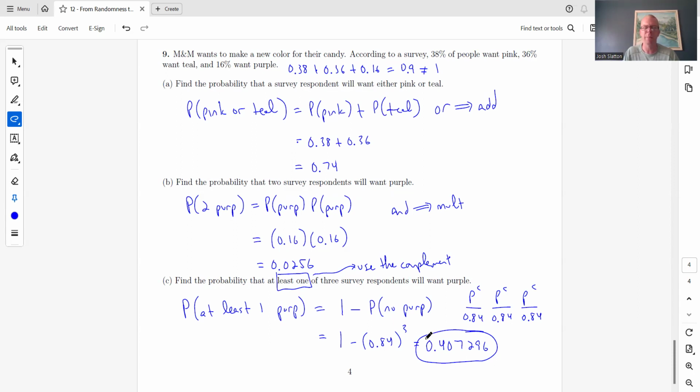It can take a minute, but ideally, when you get to a test and you're under a time situation, you would rather not have to think about how to start. So when you see this at least one problem or whatever it is, any of these, it would be better to not have to think about how to start. So get to where you see at least one, all right, use the complement. That is reflexive, and you don't have to think about it.